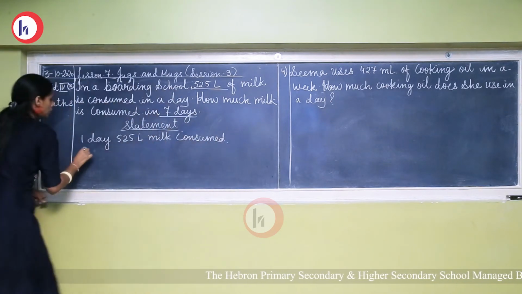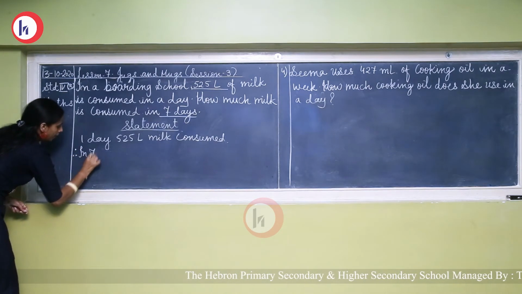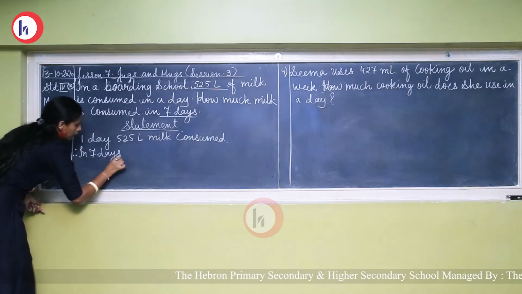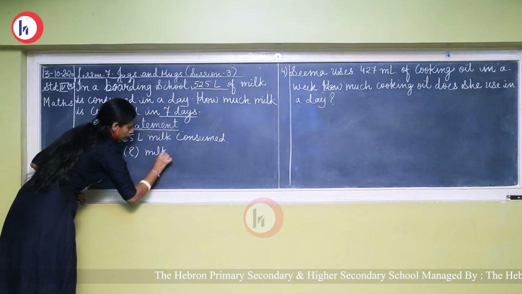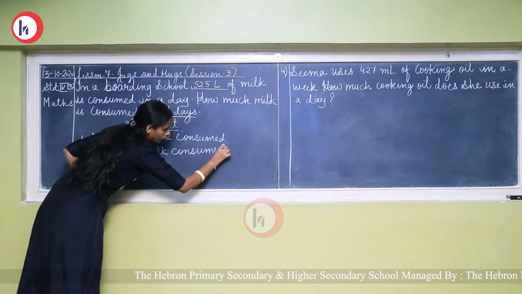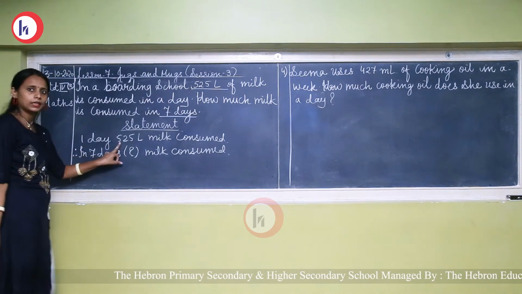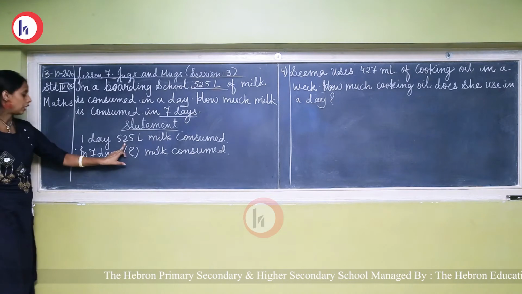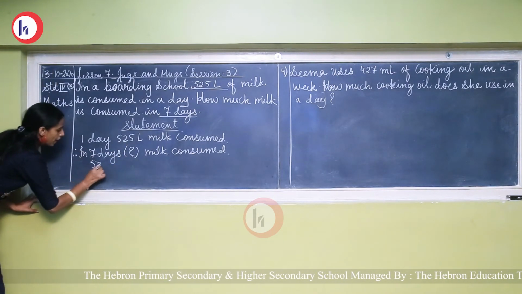Then, so in 7 days, how much milk consumed? Value of 1. 1 day 525 liter milk consumed. So value of 1 is given and value of more than 1 is asking. So here we will do multiplication.